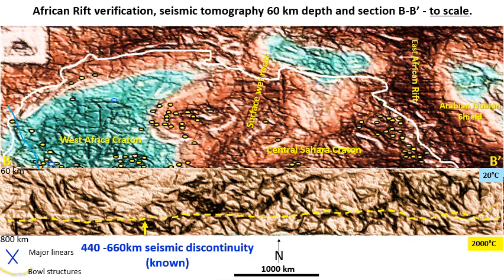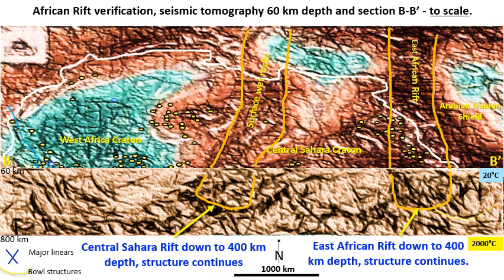This image shows the 440 to 660 kilometre seismic discontinuity, which is well known and is very well shown on Section BB. This section and plan show the East African Rift and the Central Saharan Rift down to 400 kilometres depth, but the structure continues beneath.